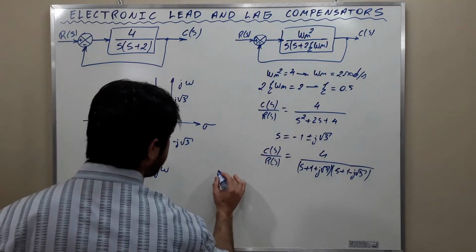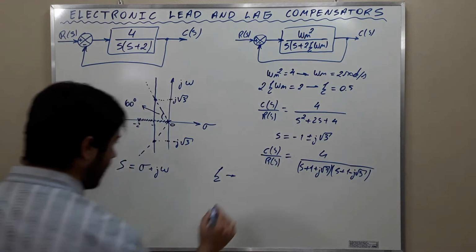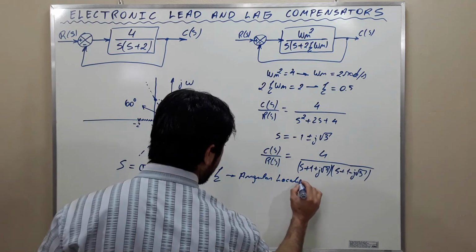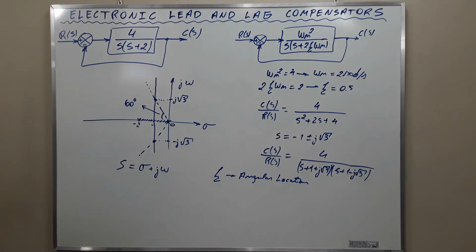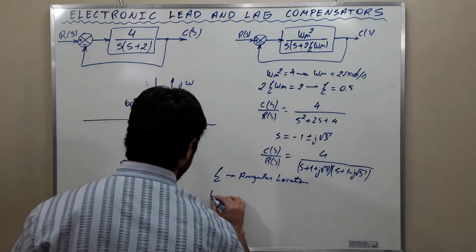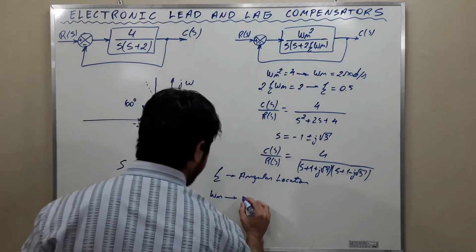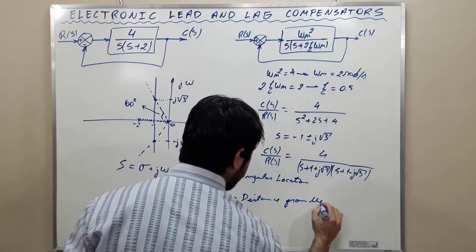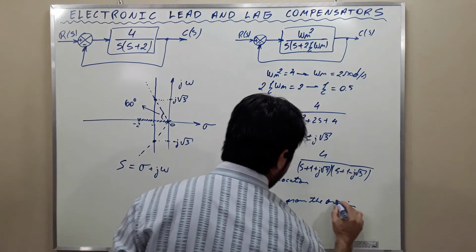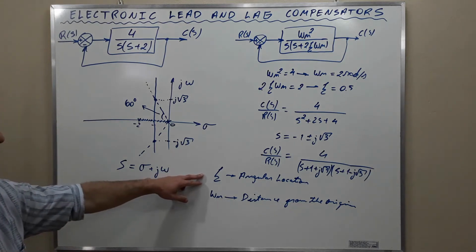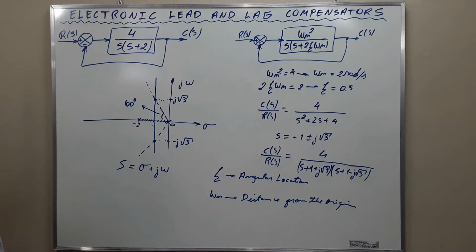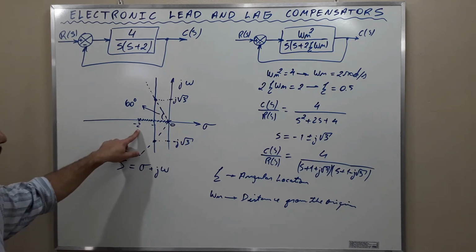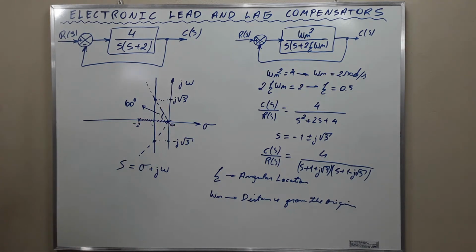The damping ratio gives the angular location of the closed loop poles, and the undamped natural frequency Wn gives the distance from the origin. Alright? Here and here. Okay.